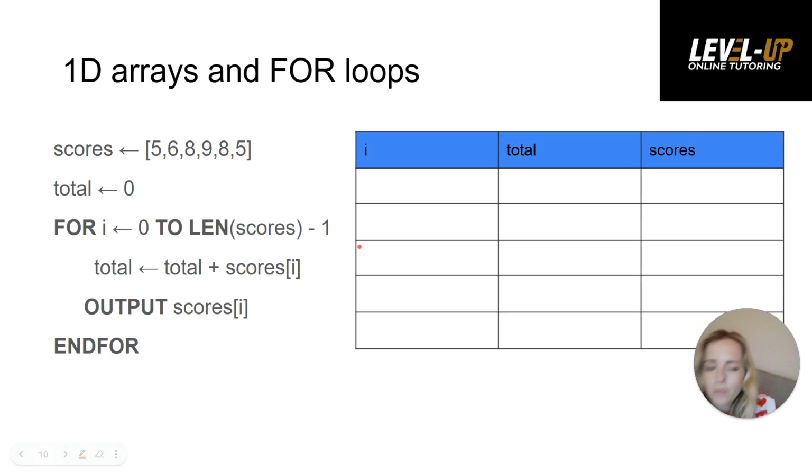Okay, I'm going to start to complete a trace table just so you understand what's happening. So I have my array, and I'm going to put the first value here. The value of total is assigned the value 0 here.